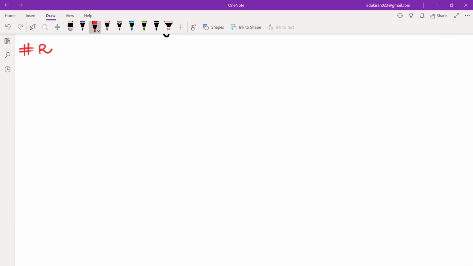Reduction of amides. Again, reduction of amide can be done by LiAlH4 or sodium in the presence of ethanol. We have R with C double bond O, and we have NH2.